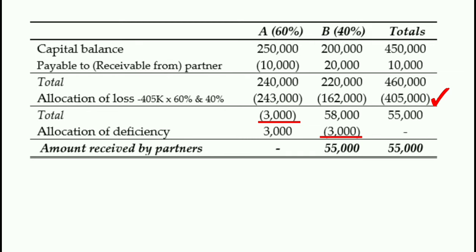That means 55,000 pesos is the cash distribution to partner B. All in all, the total amount received by partners is 55,000 pesos.